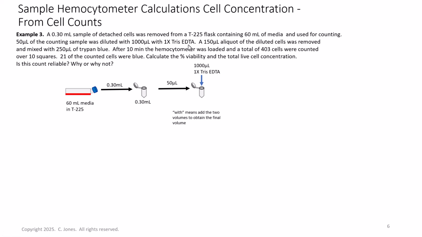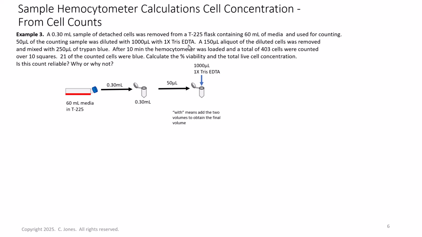But remember, these are sample problems, and I'm just trying to get you guys to think as you go through the problem. So I mixed this with 1,000 microliters of tris EDTA. And so now this is not going to be a nice number. And this could be a mistake that somebody makes. But as long as you document or record the volumes that you use, you can always fix it in the calculation, if you will.